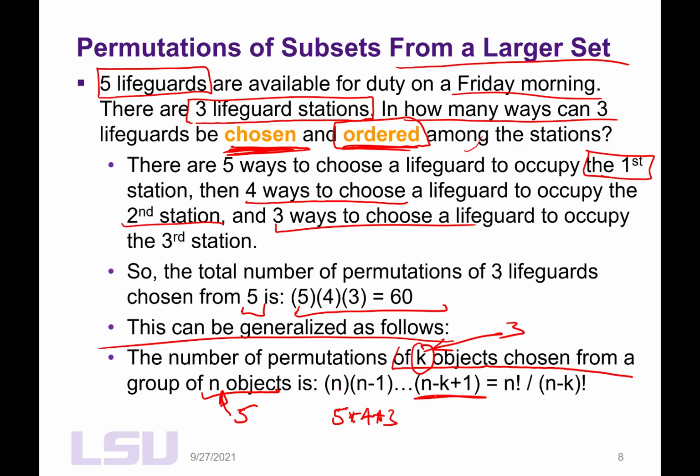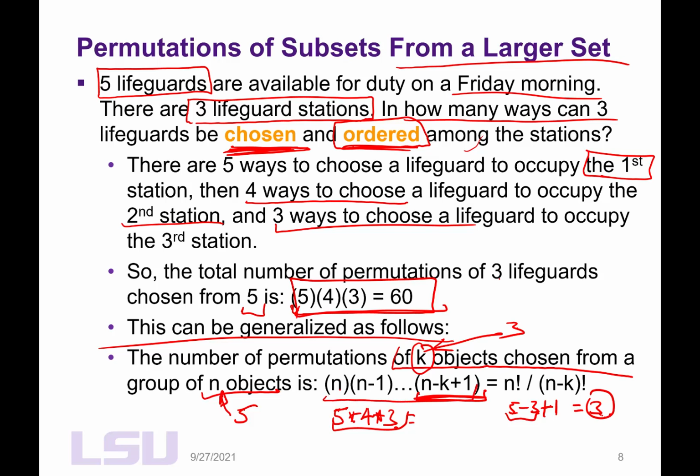And you're going to stop here. How do you know what this is? N is 5, k is 3, and then you add 1. What is that? 5 minus 3 is 2. 2 plus 1 is what? 3. So you have to stop at 3. And we're already at 3. So we stop here. And that's precisely what the solution to the problem was. So this is the general formula.